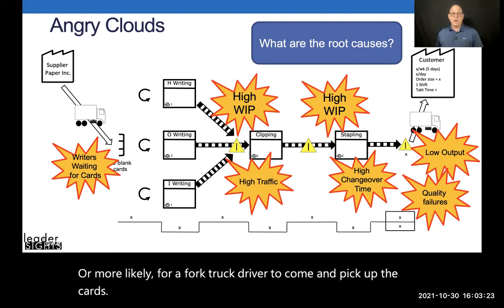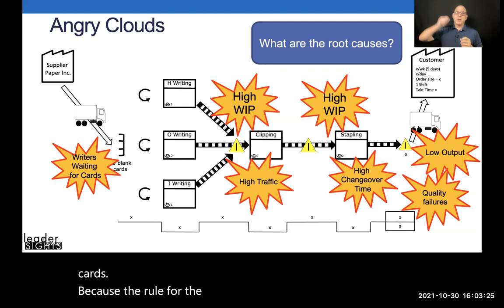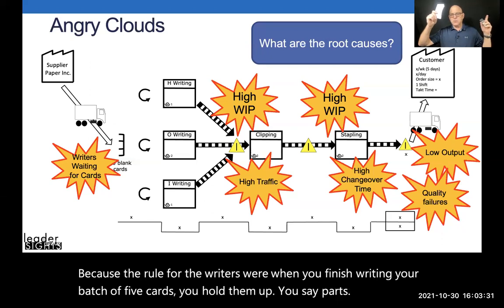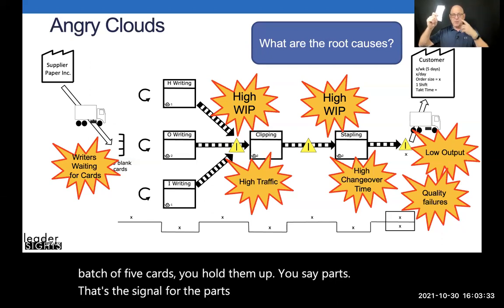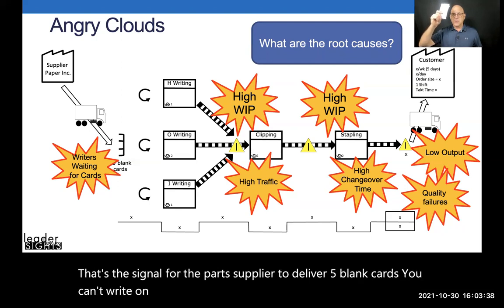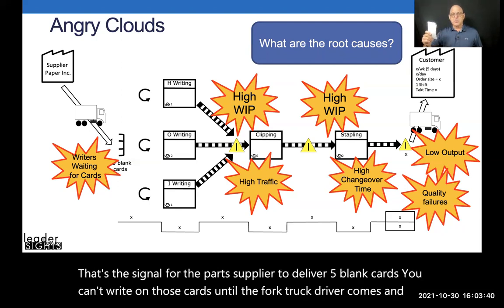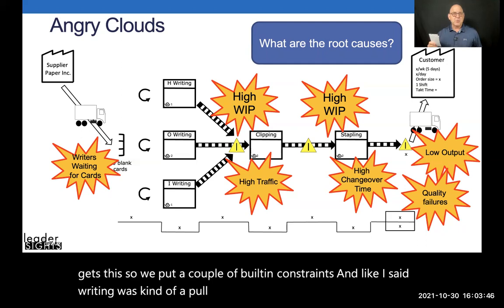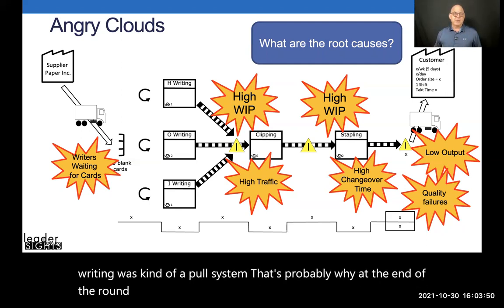Because the rule for the writers was, when you finish writing your batch of 5 cards, you hold them up, you say parts, that's the signal for the parts supplier to deliver 5 blank cards. You can't write on those cards until the fork truck driver comes and gets this. So we put a couple of built-in constraints, and like I said, writing was kind of a pull system. That's probably why at the end of the round, they finished with the same amount of inventory as they started.